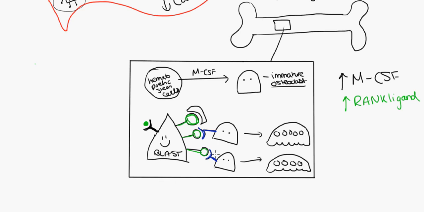And so what happens when rank L on the osteoblast is binding rank on the osteoclast is that that's going to stimulate the immature osteoclast to differentiate into its mature form, which is a multinucleated cell, which we can see here. And then this cell can go ahead and perform bone resorption, and that's going to increase our levels of serum calcium through bone resorption.